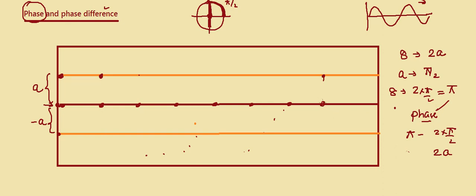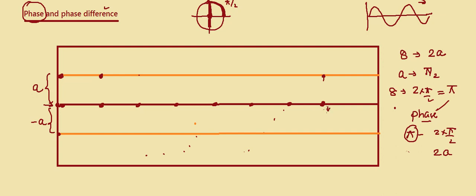Not only that, since it has started from here, gone over here and come back over here, it will further move downwards in this direction, because when a particle is at the mean position, it could be going up or it could be going down. So this phase tells me two things: the location of the particle between these two limits of amplitude and where it will be moving next.